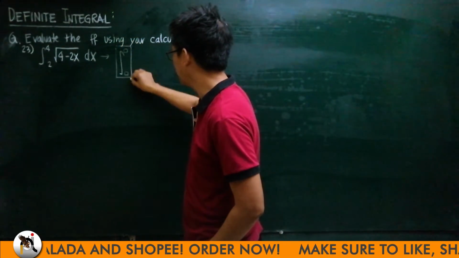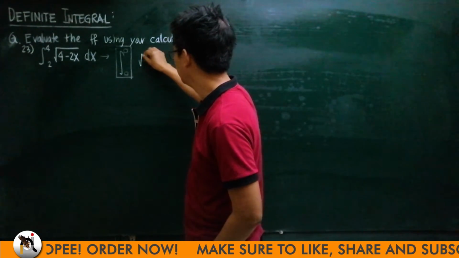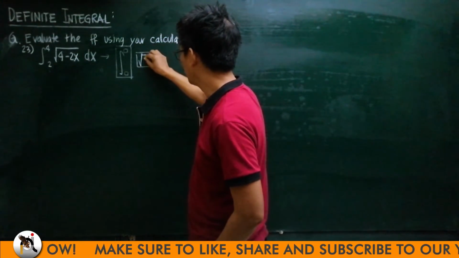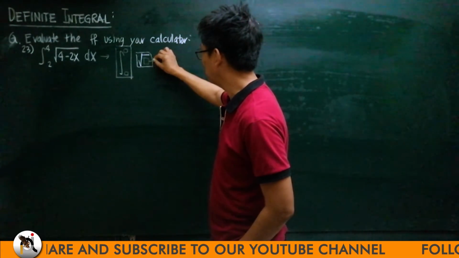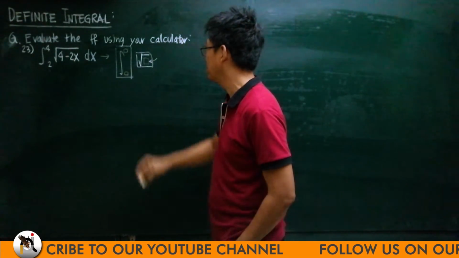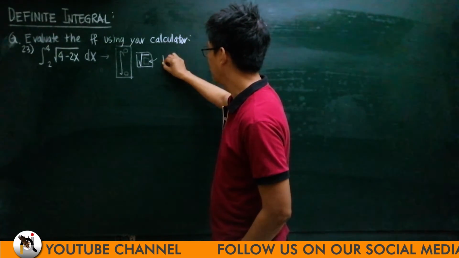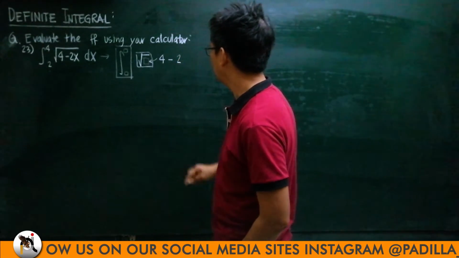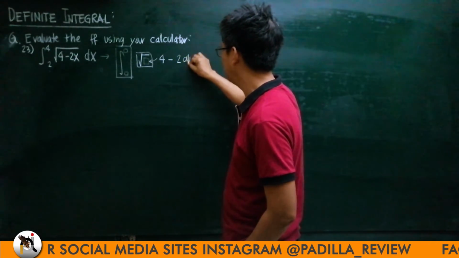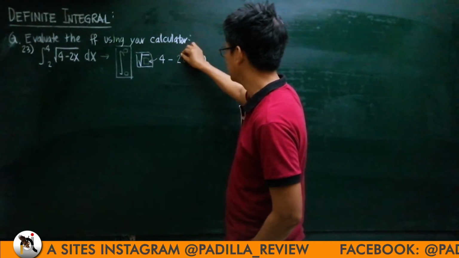Then you press the square root key, so your cursor will be inside it. Anything that we input will be inside the square root. So you have 4, press the minus, then 2, x is alpha, close parenthesis.